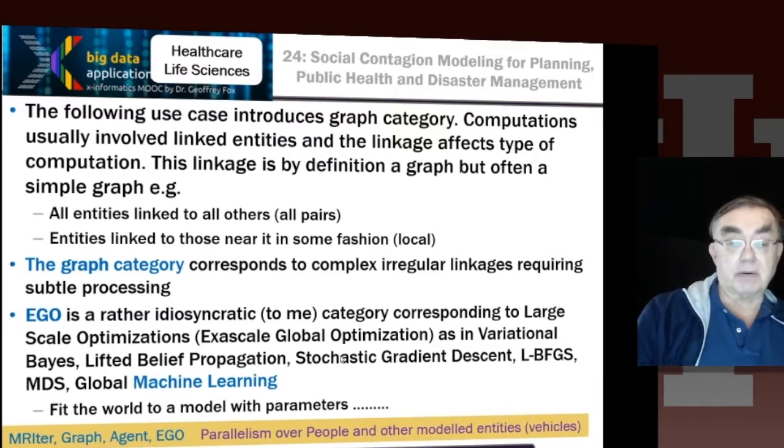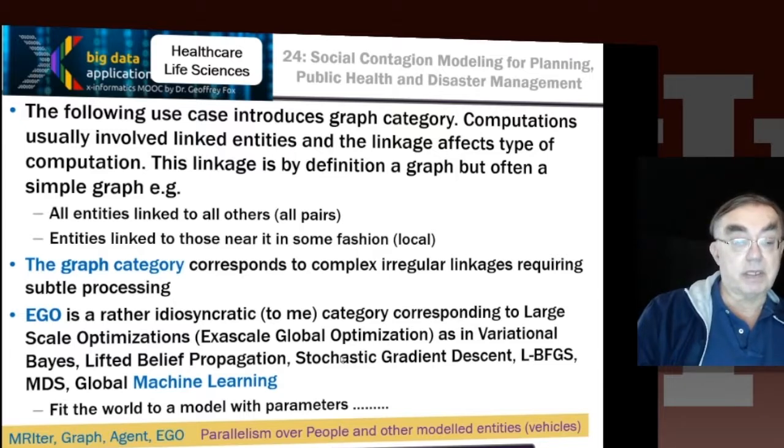Another important category here is the ego category for exascale global optimization, which points out that some of these artificial intelligence problems can be thought of as writing down some sort of function which we need to minimize.